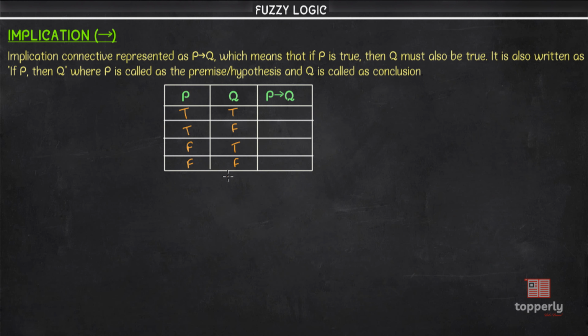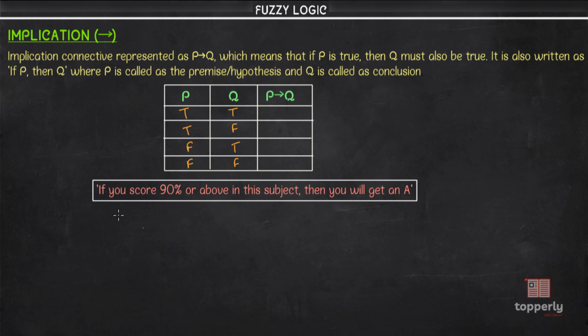Suppose you have a statement: if you score 90% or above in this subject, then you will get an A grade. Here, the P proposition is you scoring 90% or above in this subject, and the Q proposition is you will get an A. What this statement means is that you are guaranteed an A grade provided that you score 90% or above in this subject.